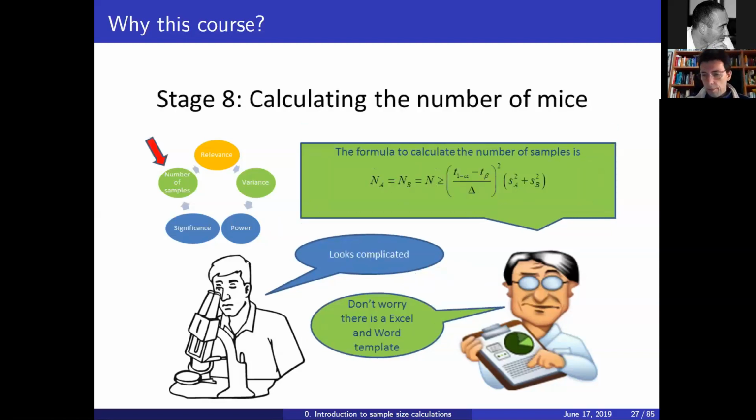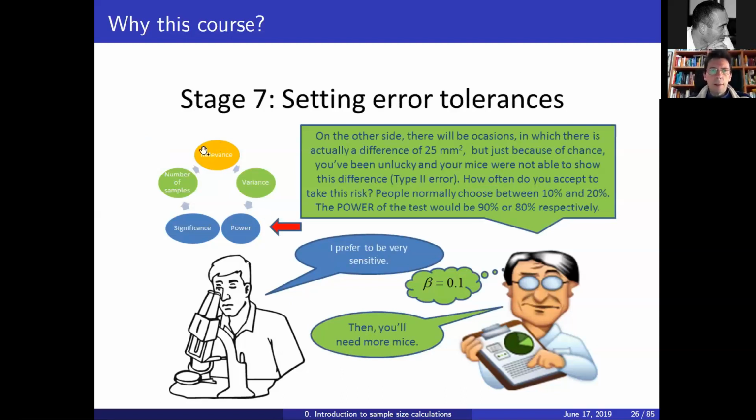Okay, so now we have all the variables. We have the relevance, so what you want to detect. If this happens with this number of samples, I will be able to see it. The variability is something you cannot touch, but you need to know. You need to know how your animals respond more or less, at least to the control. And ideally, you should also know for the treatment.